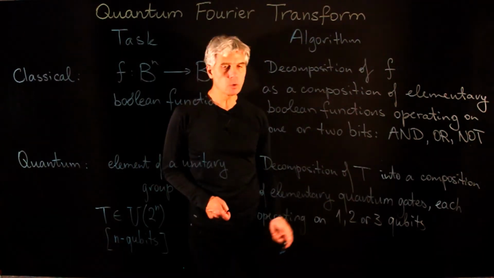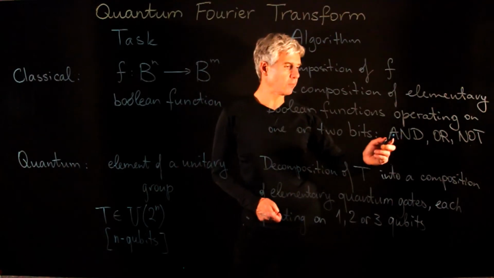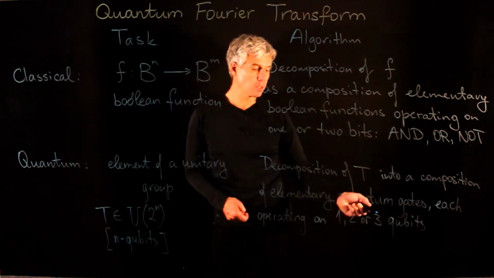Here we include 3 qubits because the quantum analogs of AND and OR are permutation gates that operate on 3 qubits.